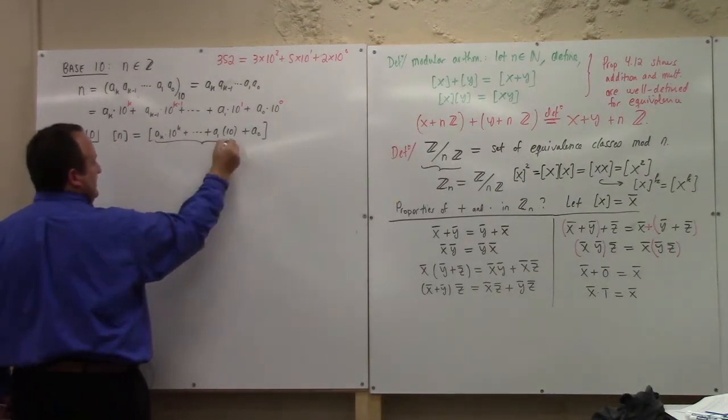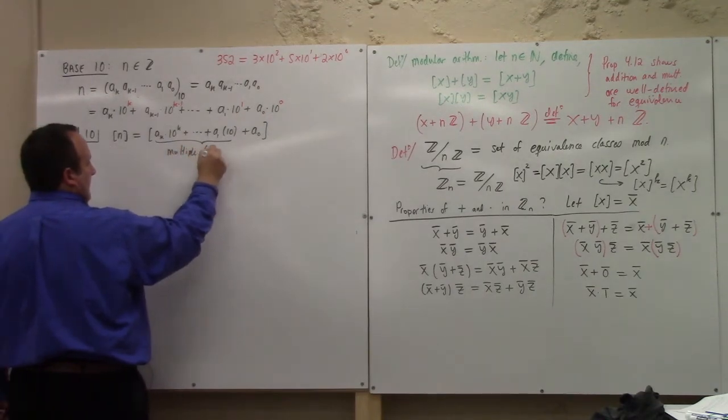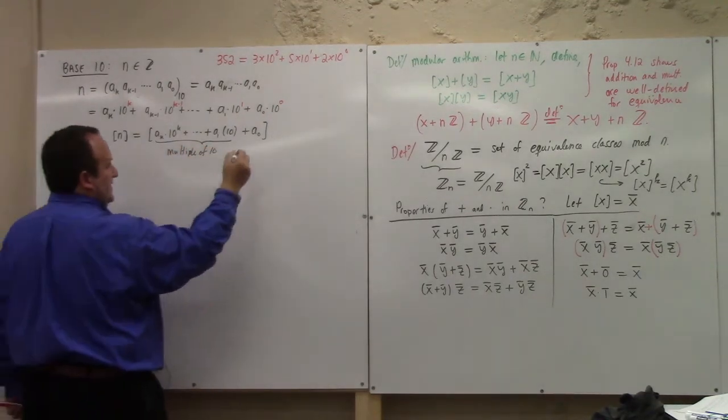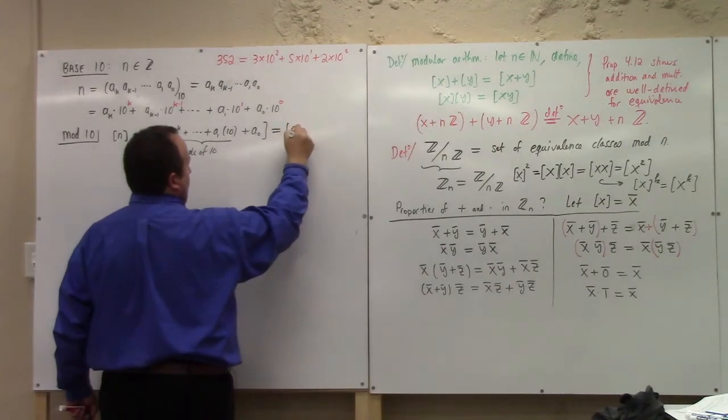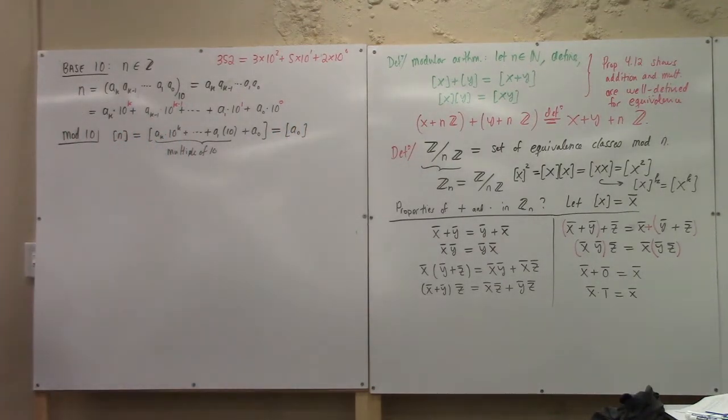All of this is a multiple of 10 except a_0, so this is just equal to a_0. So what is the remainder of any integer divided by 10? Just the ones digit. This proves that.